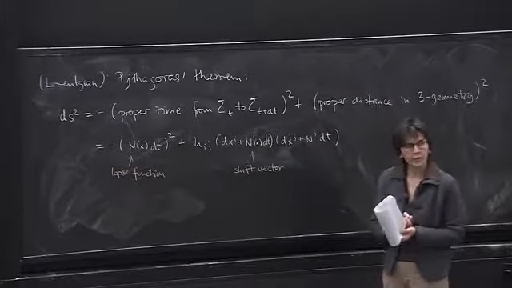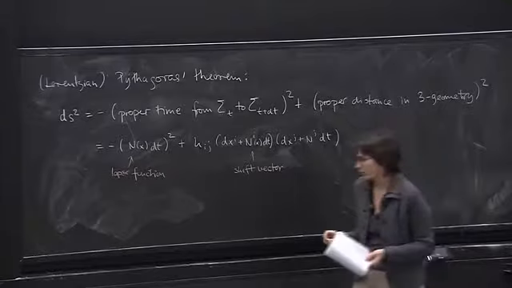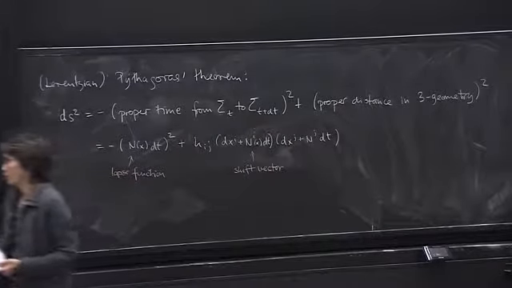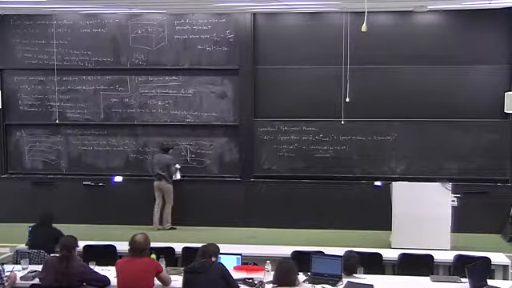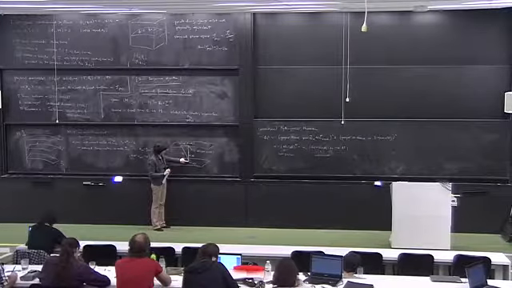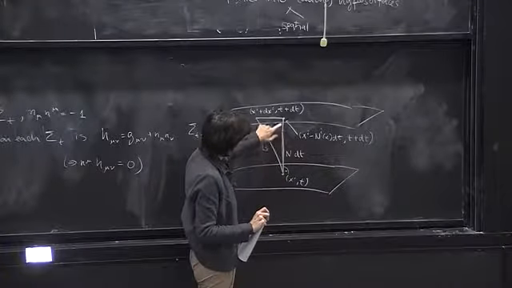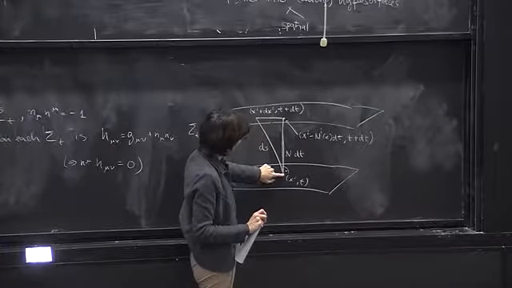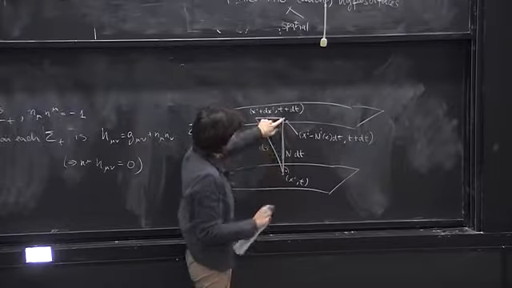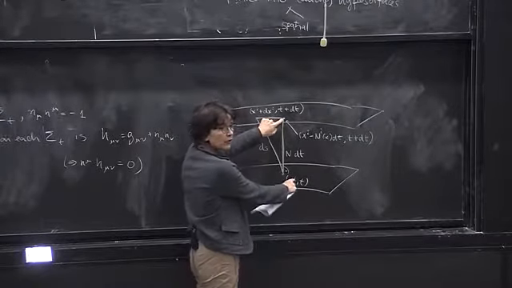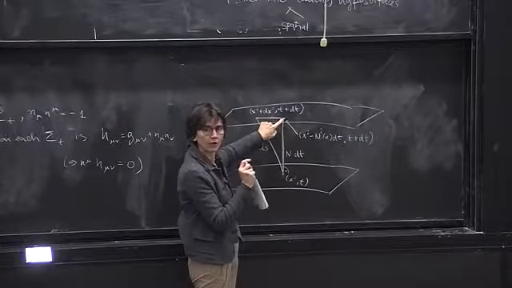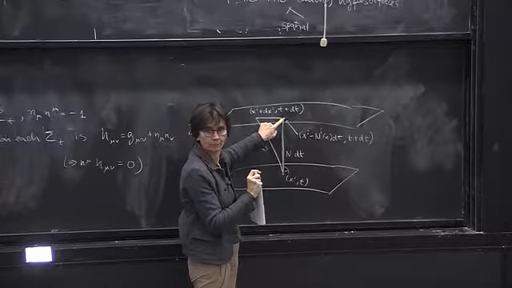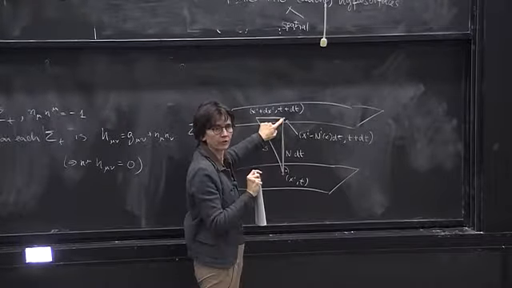Now, what is the meaning of the shift vector? The shift vector tells you how much the coordinate that sits orthogonally, directly above my xi point, has shifted in the spatial direction.